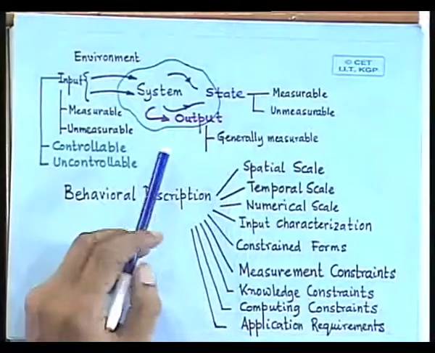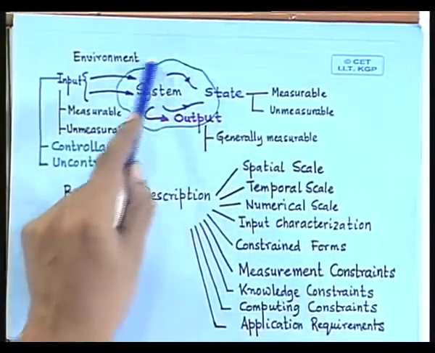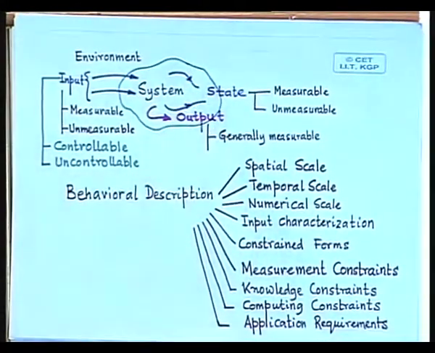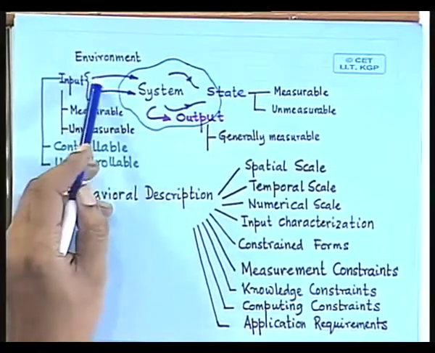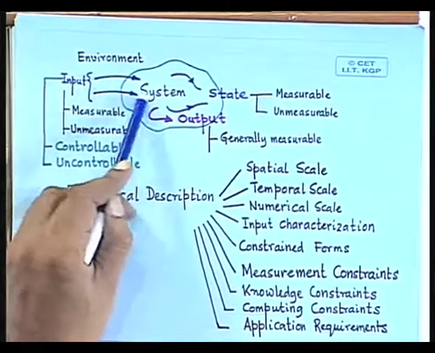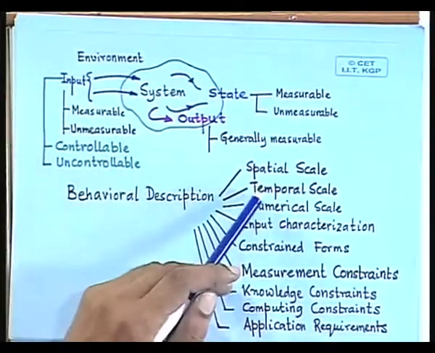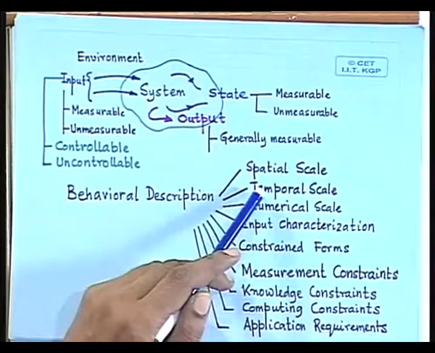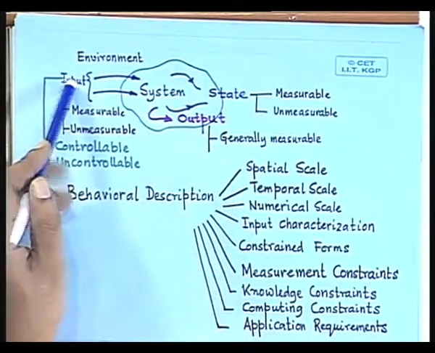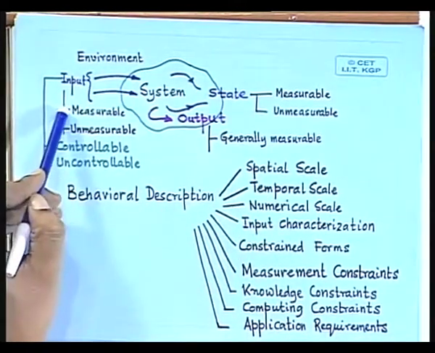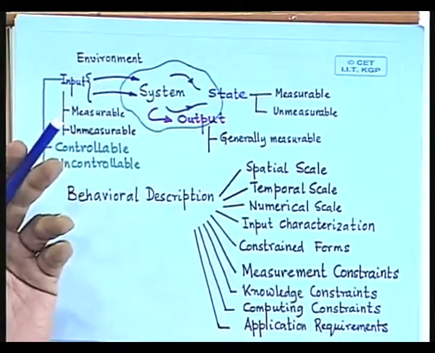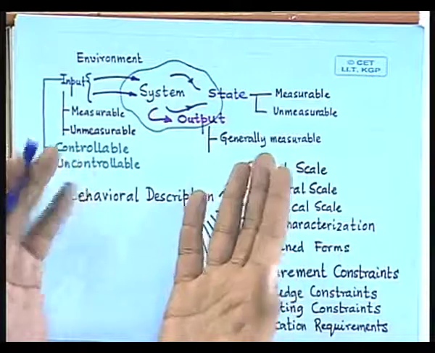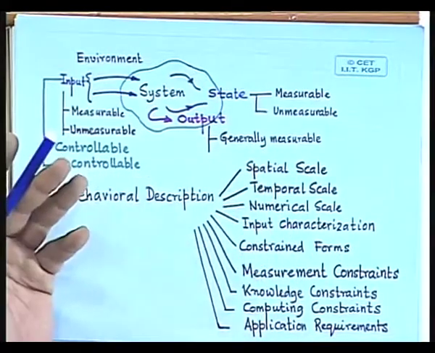So here what I tried to describe is that this is a system, it has a boundary, and it is influenced by quantities outside it. Such quantities are called inputs, and inputs may be either measurable or unmeasurable. That is, you may be aware of its existence, but in a given situation you may not be able to measure it.